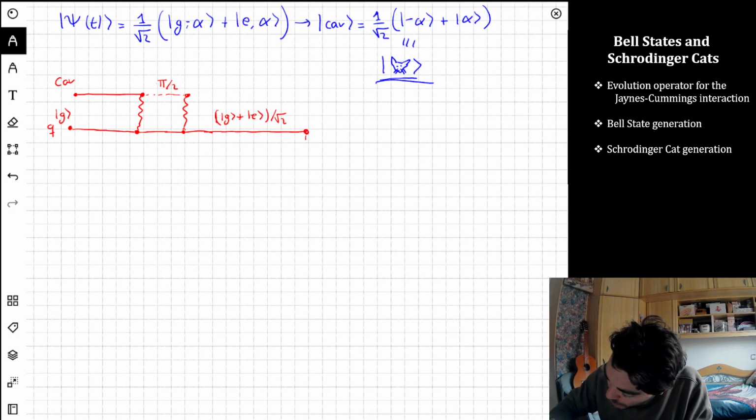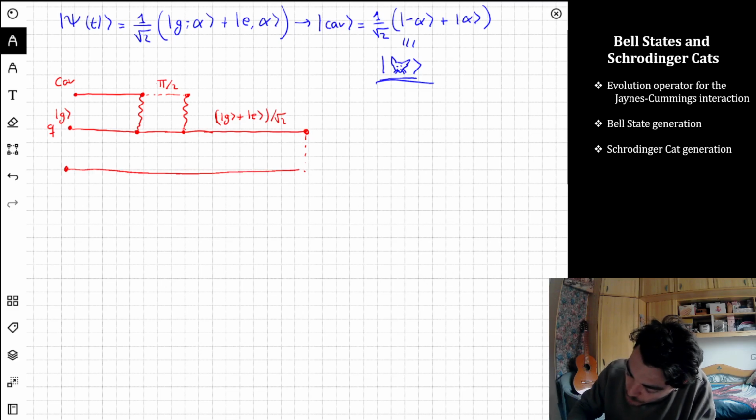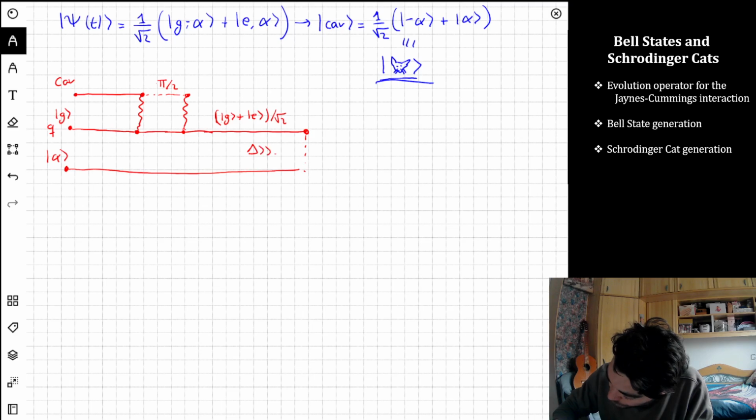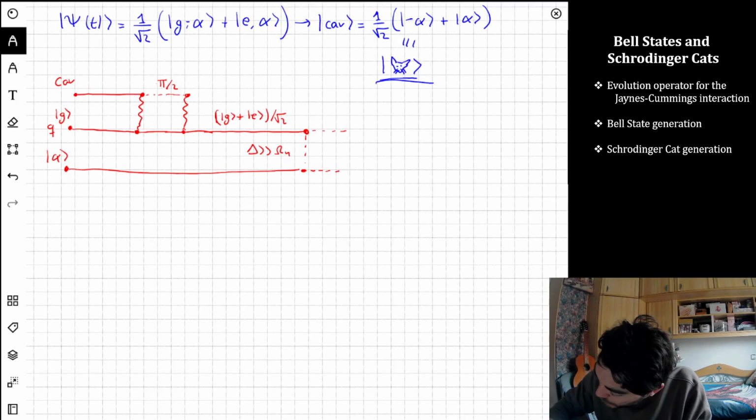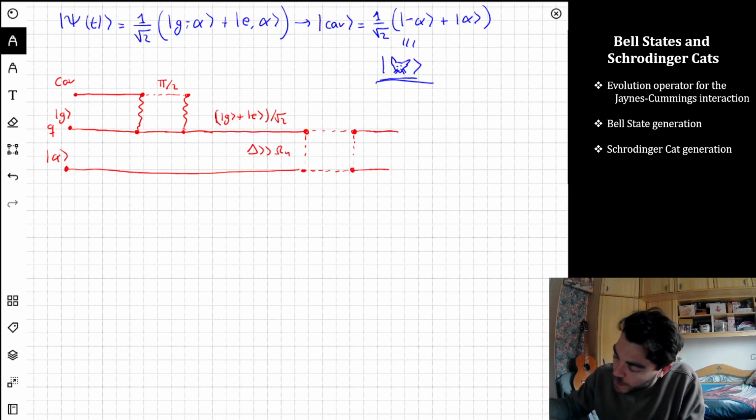And then we make a cavity that is far detuned from the atom interact dispersively for a certain time t, and we select the time t appropriately.